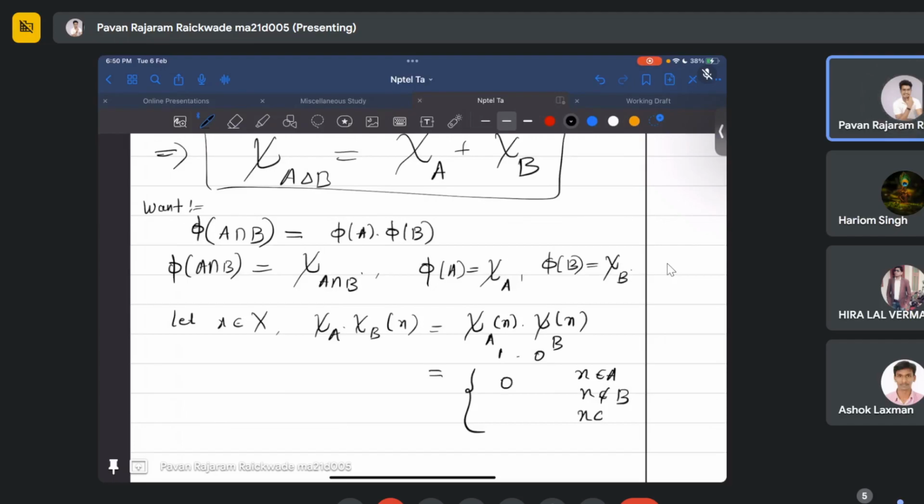If x is not in A and x is in B, then this is 0, this is 1, but the product is again 0. And if x doesn't belong to A and doesn't belong to B, then also you get 0 because both are 0.